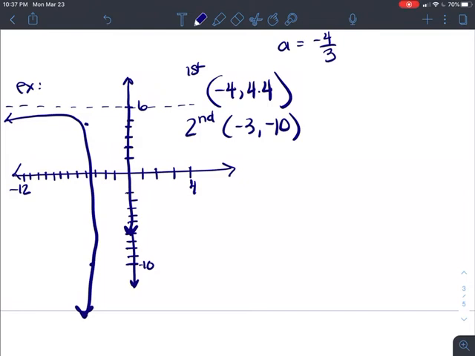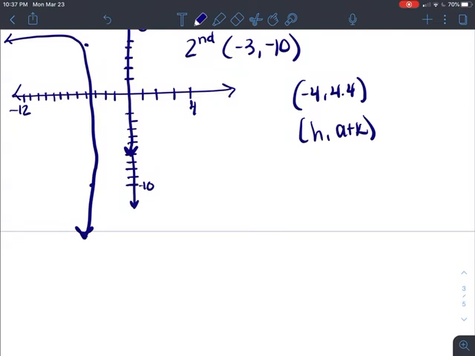So they tell me that b equals 10 here. So I don't have to find b, all right? So using the fact that my first reference point is negative 4, comma 4.4, I can use h, comma a plus k to solve for the variables I'm trying to find.